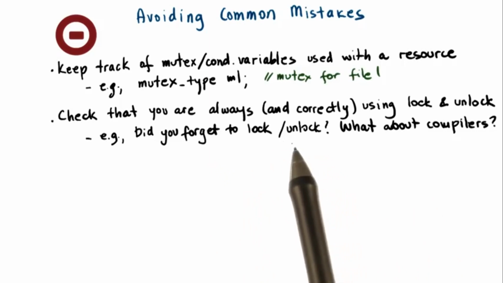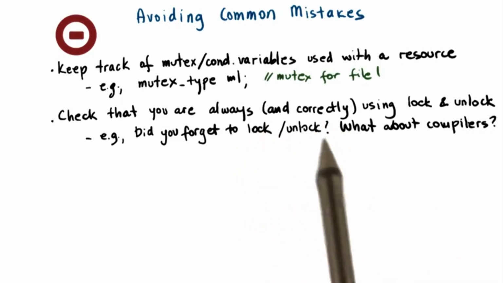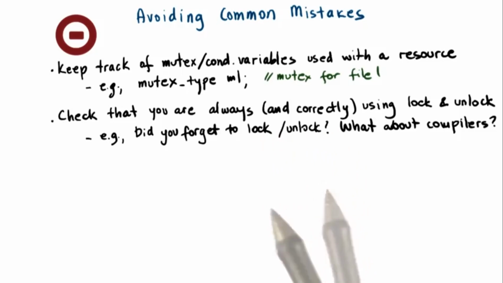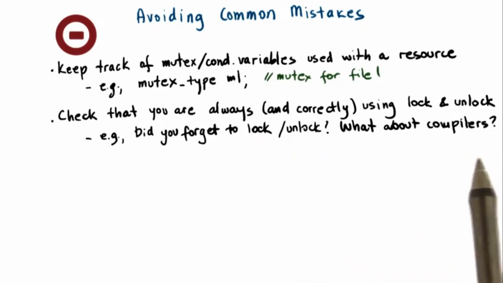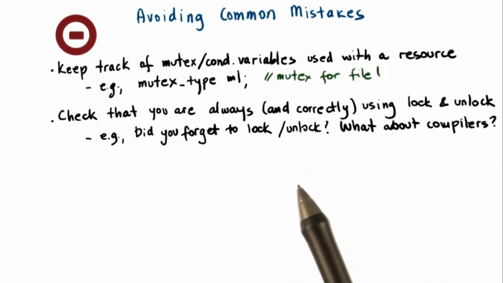Or maybe they will generate a warning to tell us that there is a lock construct that's not followed by the appropriate unlock construct. So certainly you can rely on compilers and tools to help avoid mistakes, but it's just easier not to make them in the first place.